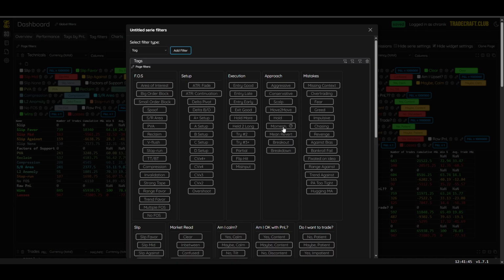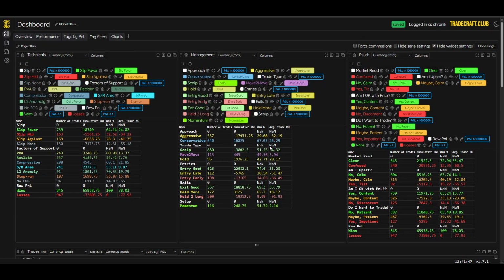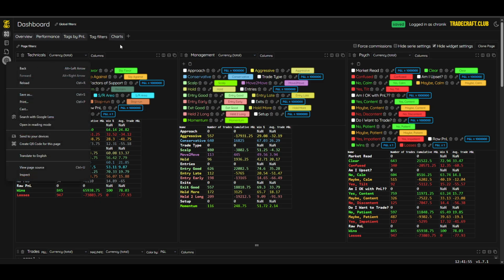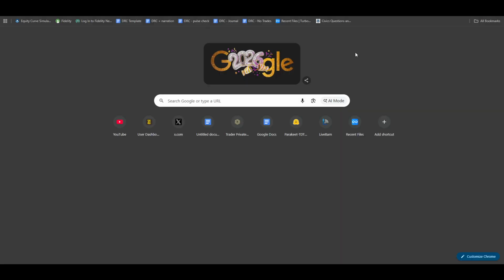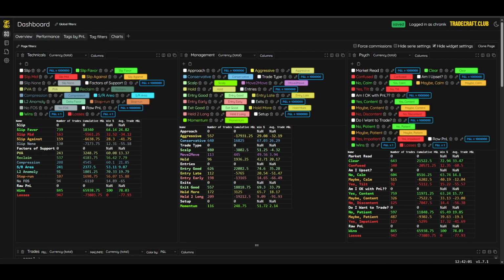So I'm actually looking at all my tags on another window right now. Yeah, that's a good idea. Trade intention is the conservative aggressive I'd put into management. That's just kind of a staple tag.